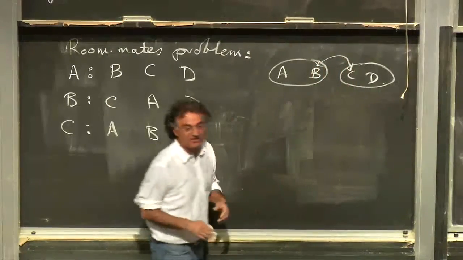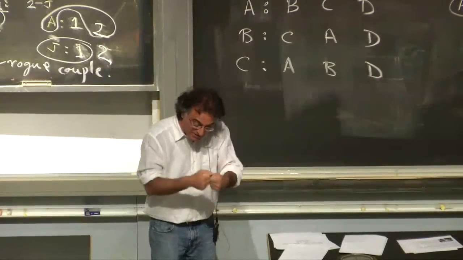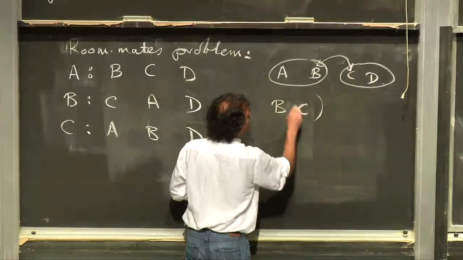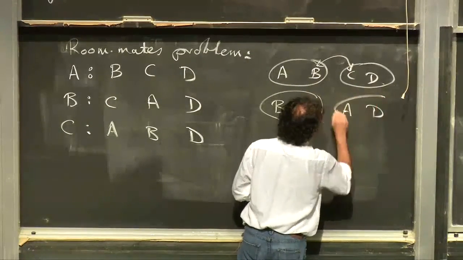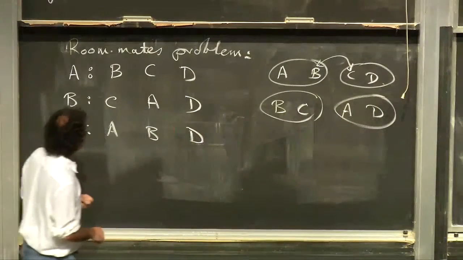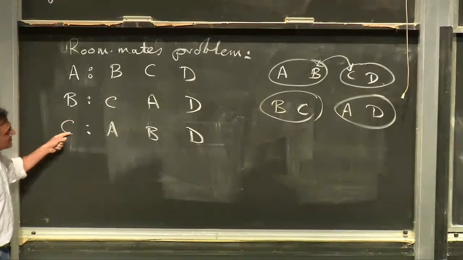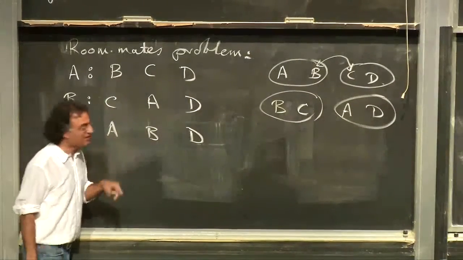So in the spirit of letting rogue couples get together to improve the situation, let's get B and C together. Now A, poor guy, is with D. B is very happy, C is his first choice, and C says, B is not bad, but A would be better.